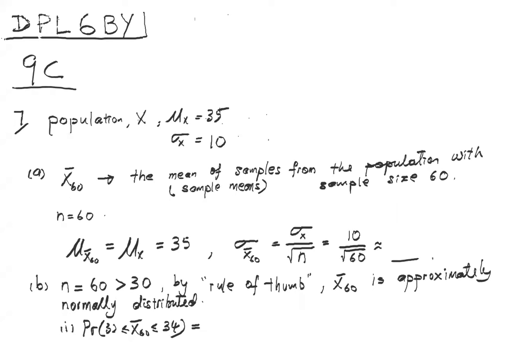Johan? What can I use? Now I know that because n is greater than 30, 60 is greater than 30, by rule of thumb X bar 60 is approximately normally distributed. So if I want to find this probability, what should I do?